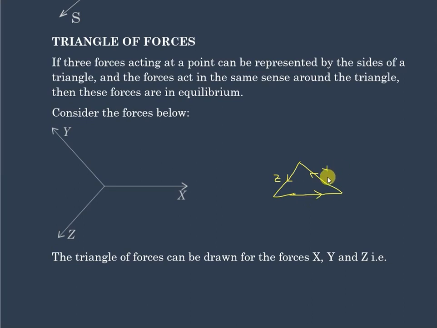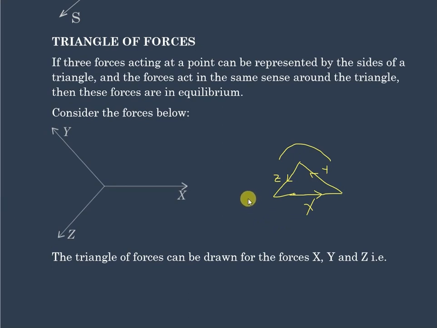Like you can see here, all of them are clockwise. You can see x, y, z. That is the same sense. That is basically what we are talking about as a triangle of forces.